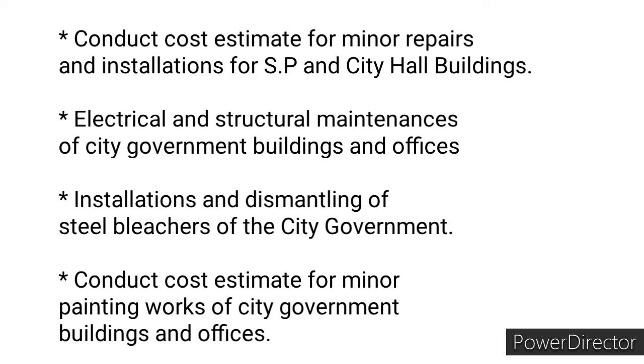They also do electrical and structural maintenance of city government buildings and offices. Another function is the installation and dismantling of steel bleachers of the city government. They also conduct cost estimates for minor painting works of city government buildings and offices.